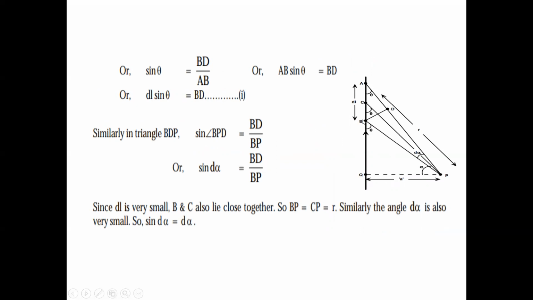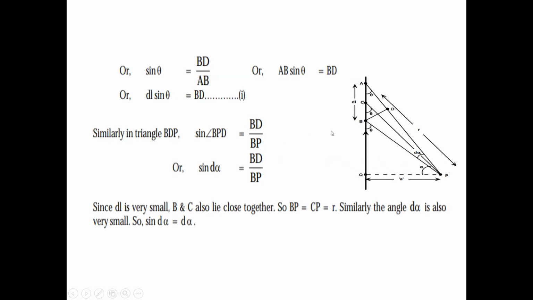Now we have already taken AB as the smallest length of the conductor, which will be equal to dl. So AB value we substitute with dl. So dl sine theta is equal to BD. Let it be equation 1.